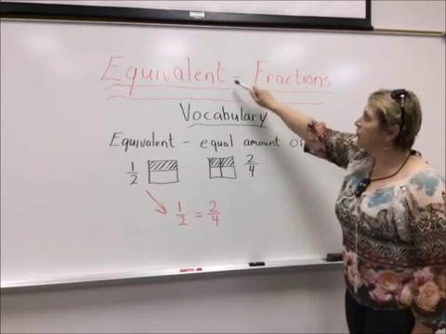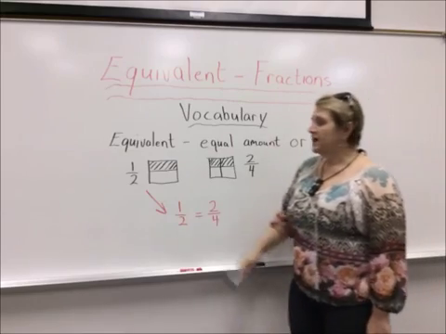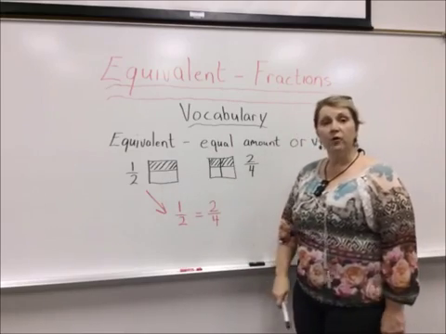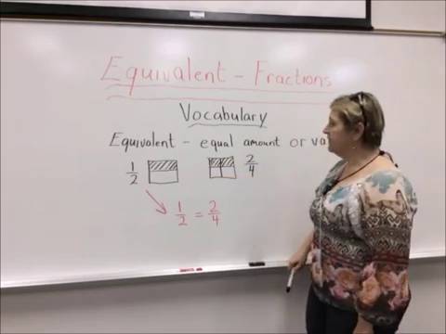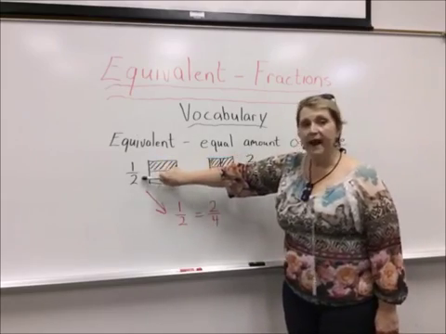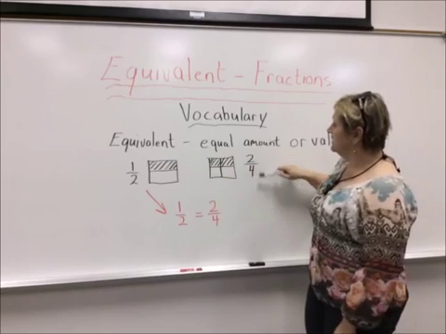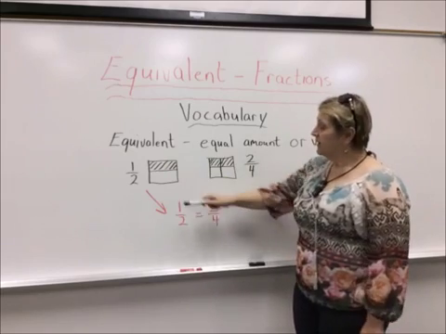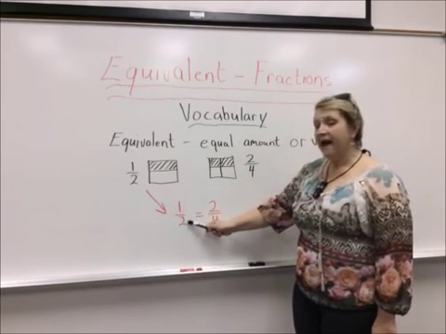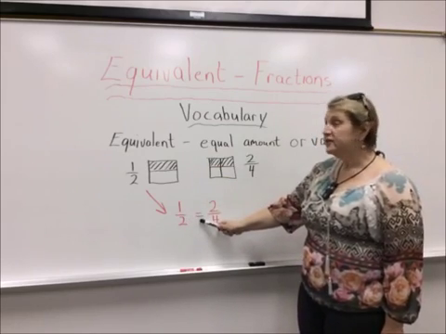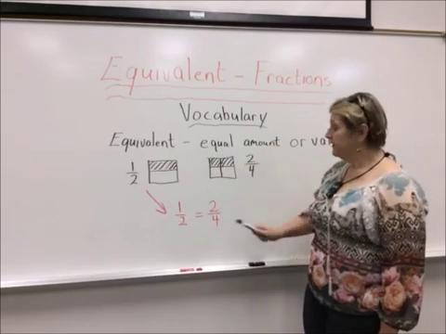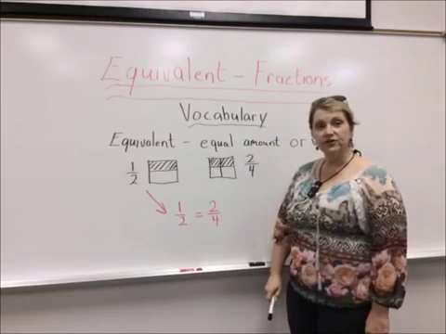So in talking about equivalent fractions, we could say that these two rectangles are equivalent. They're the same size, but because of the way we divided them, this one is 1/2 and this one is equal to 2/4. But you'll notice that 1/2, the fraction, is actually equivalent or equal to 2/4, the fraction.